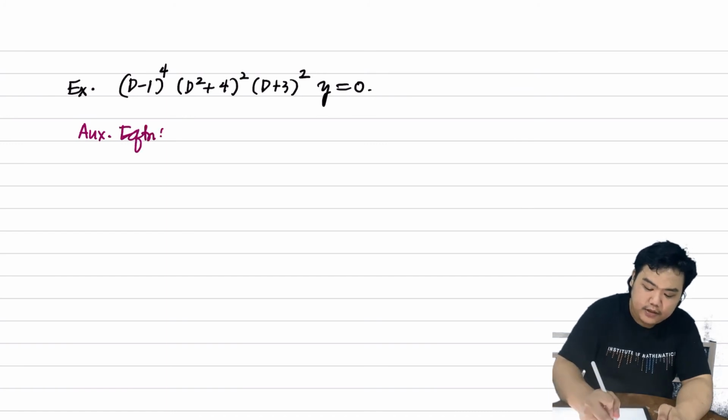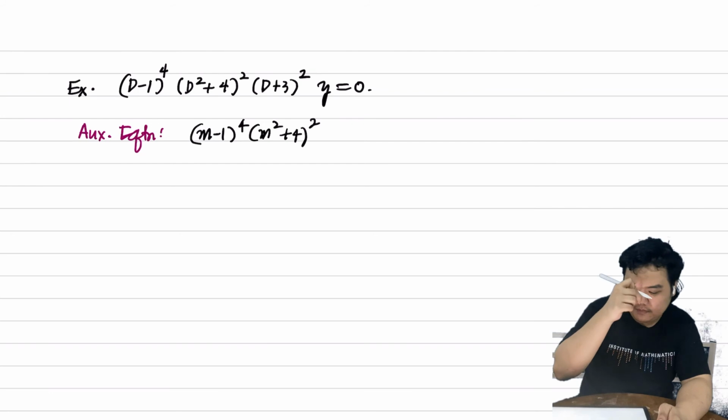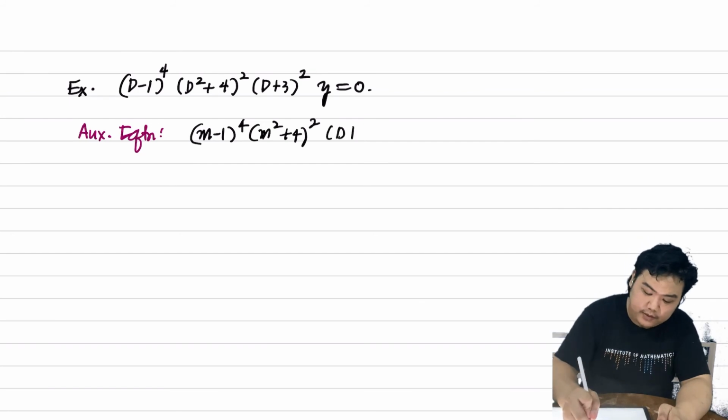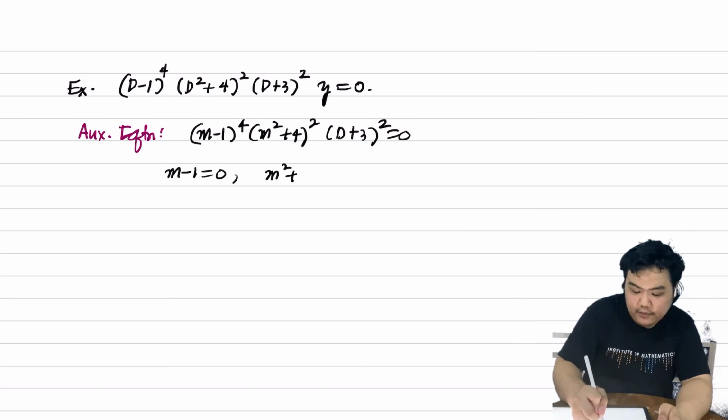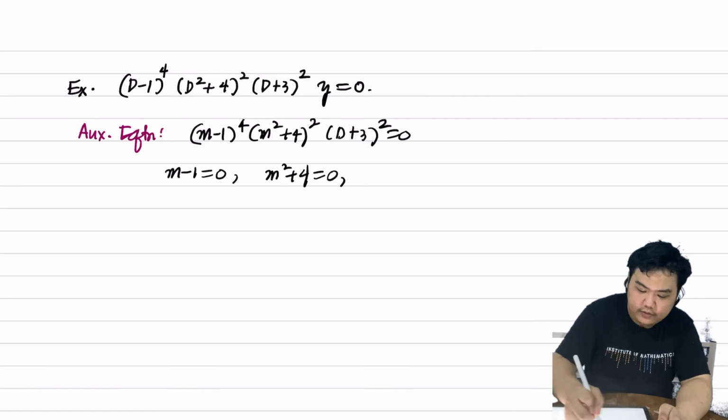Let us compute for the auxiliary equation or find the auxiliary equation. So, replace D by m. So, (m minus 1) to the 4th, (m squared plus 4) squared, and (m plus 3) squared.